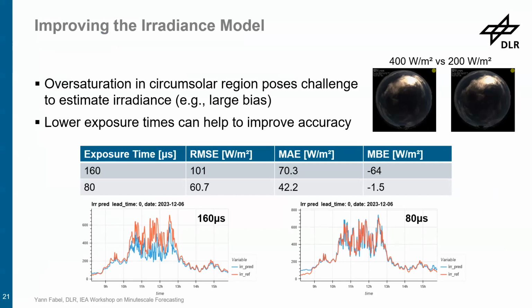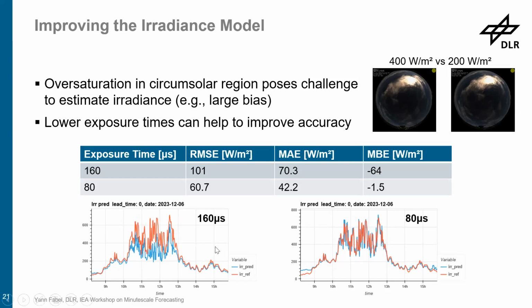Yeah. Okay. If you lower this exposure to 80 microseconds, would you be able to get enough information from the clouds to have a forecast for the next 5 or 10 or 15 minutes? It's going to become too dark. And if you go to HDR, did you try it?